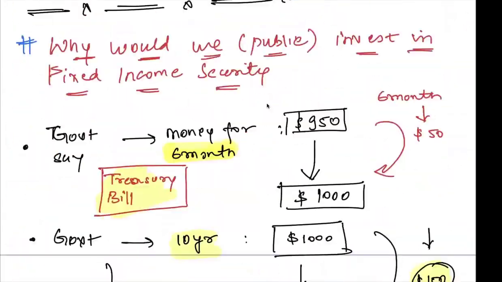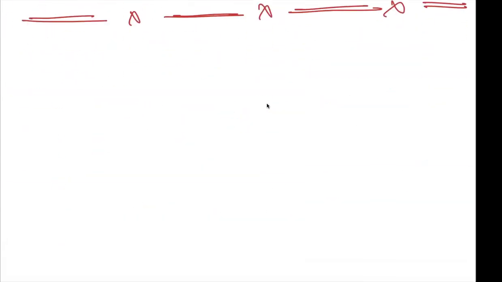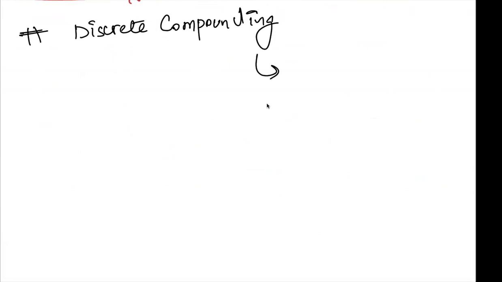And similarly, what we just saw was an example of discrete compounding. What does it mean? If the compounding is yearly, semi-annual, quarterly, or monthly, this is an example of discrete.